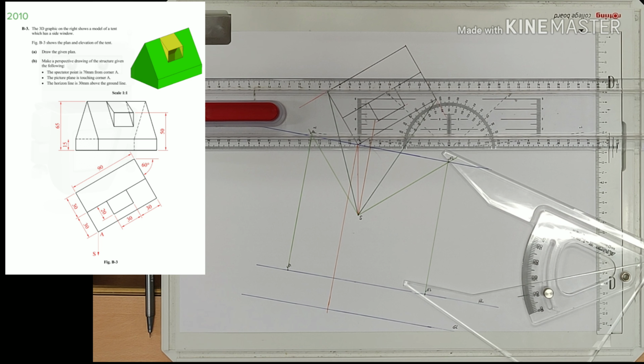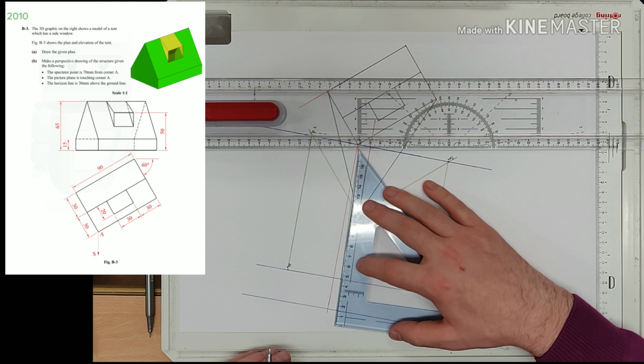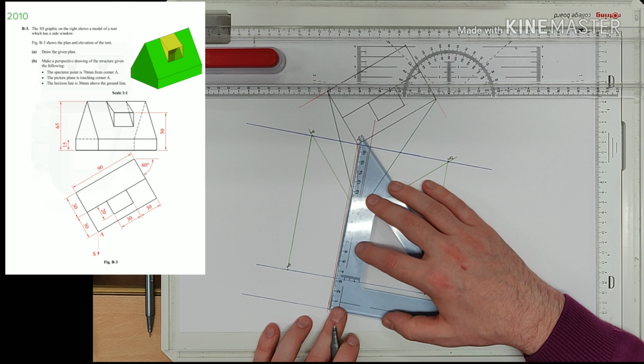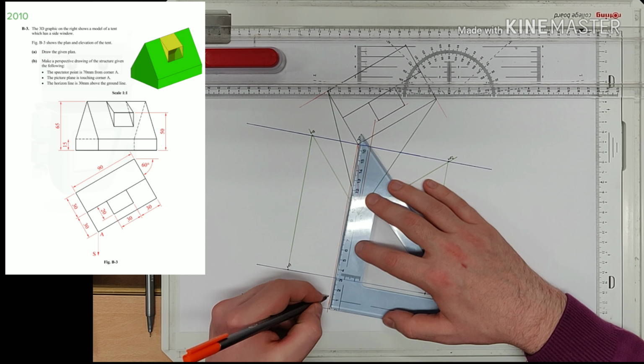So we're going to measure up 15, which ends up here. And we're going to vanish back to VP2 and VP1. The same will happen along the ground. Bring them back to both vanishing points.